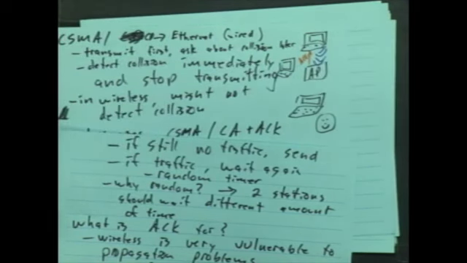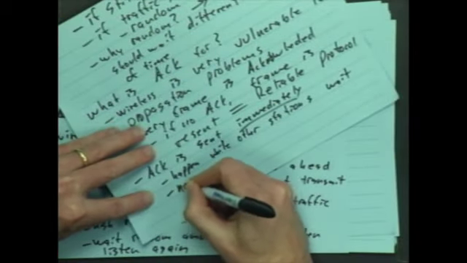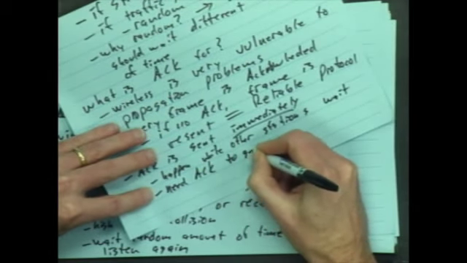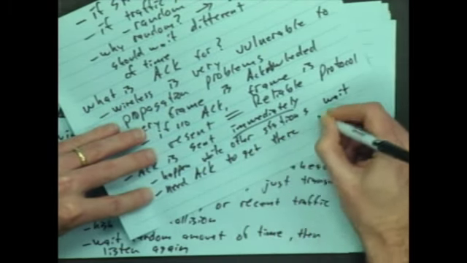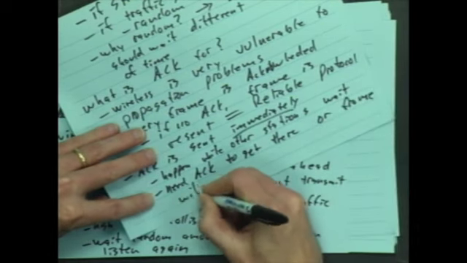That's an important thing, because what happens if it doesn't come in? Then we're going to resend the frame, right? So if we don't get the ACK, the frame is going to be resent.